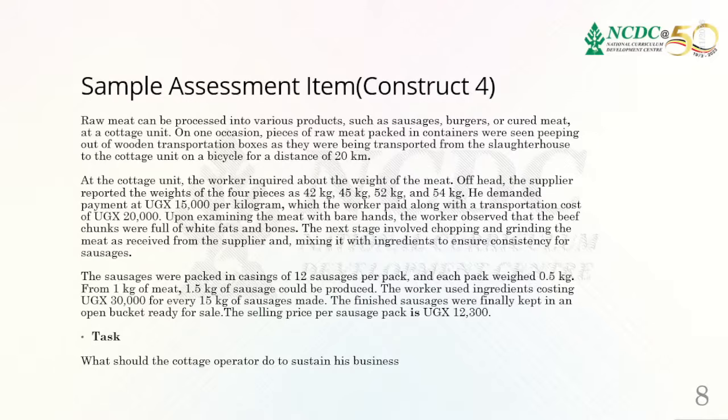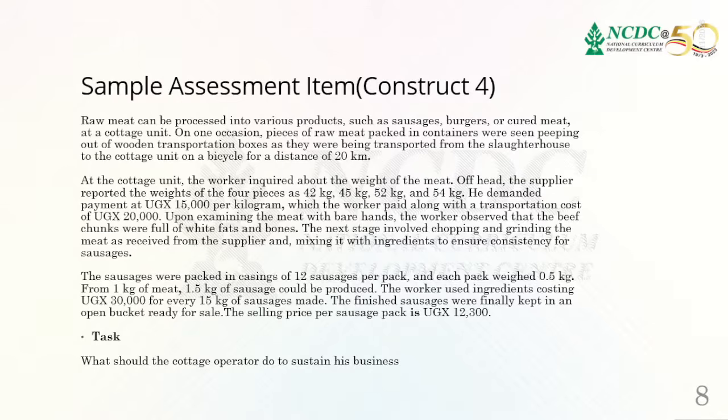On the occasion, pieces of raw meat packed in containers were seen peeping out of the wooden transportation boxes as they were being transported from the slaughterhouse to the cottage unit on a bicycle for a distance of 20 kilometers.